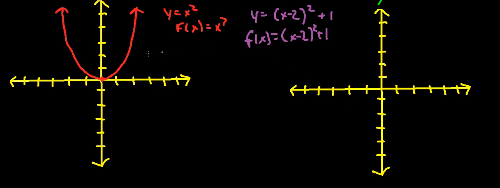So now we're having this graph shifted to the right 2 units and up 1 unit. So let's do that. Let's start by shifting this point. All the points of this graph are going to be shifted to the right 2 and up 1. So let's start with this vertex. So it's at 0, 0. We're going to shift it to the right 2 and then up 1.